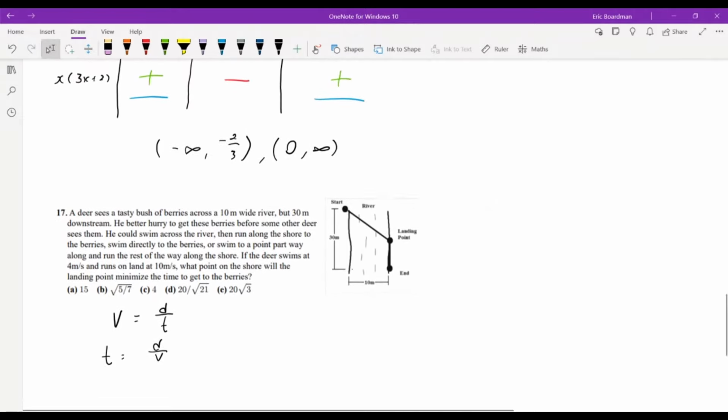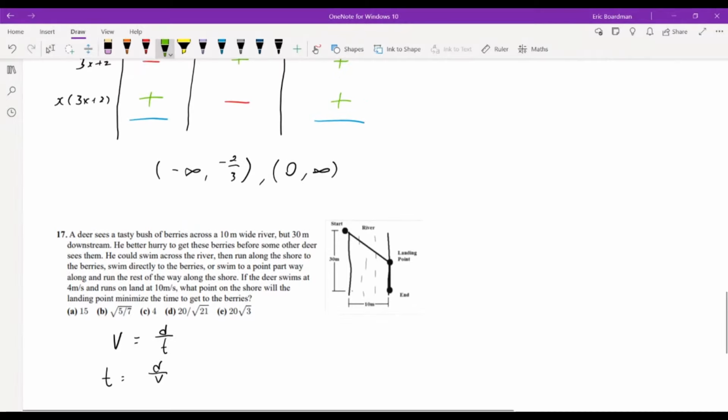And based on our diagram, we can see that right here, that's the distance in the water. And then here, that's the distance on land. And we know that that's 10 meters. And then we can call the distance on land x. And so that means that this distance right here is 30 minus x, since that entire length is 30 meters.